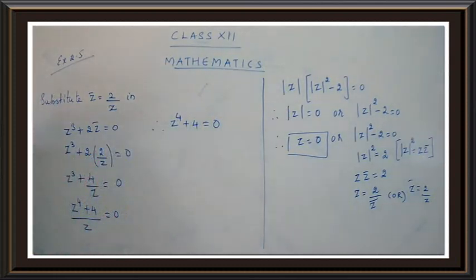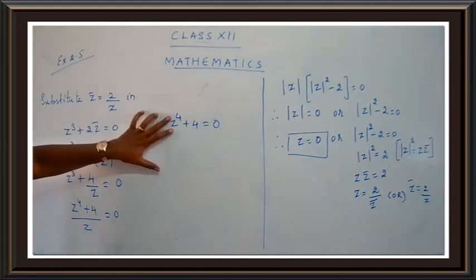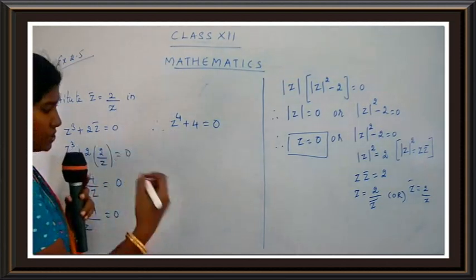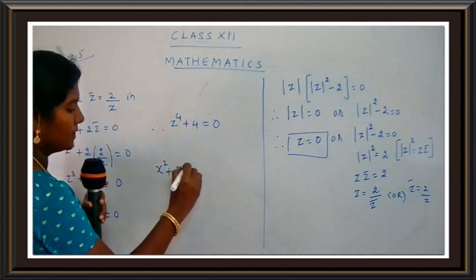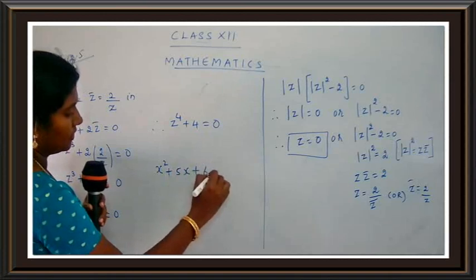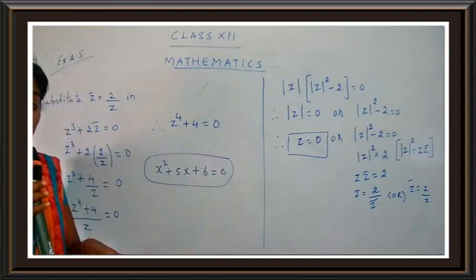So now we can write the answers directly because this has the power 4. Yes children. Suppose we have a quadratic equation, I'll just consider x square plus 5x plus 6. How many values do you get for a quadratic equation?